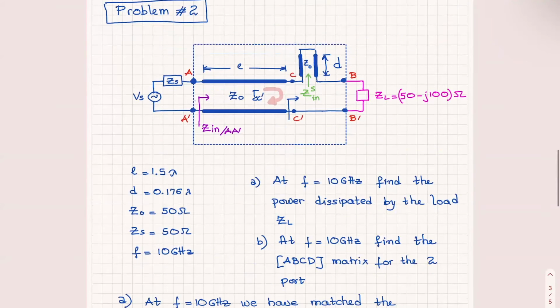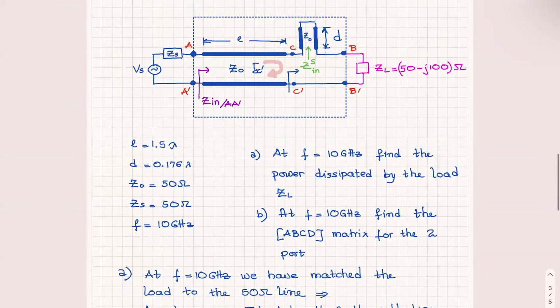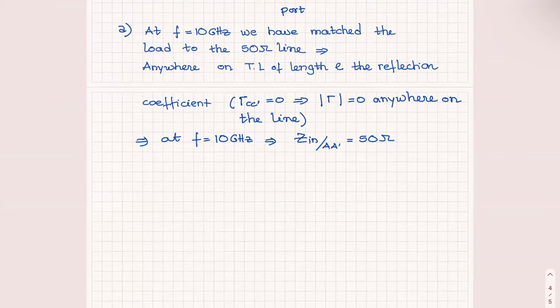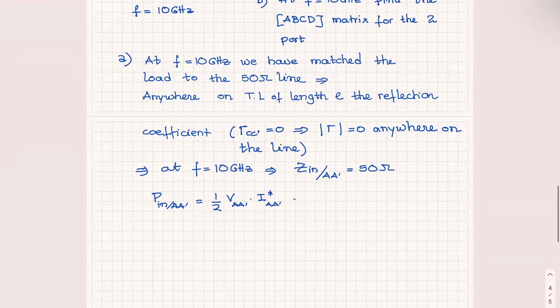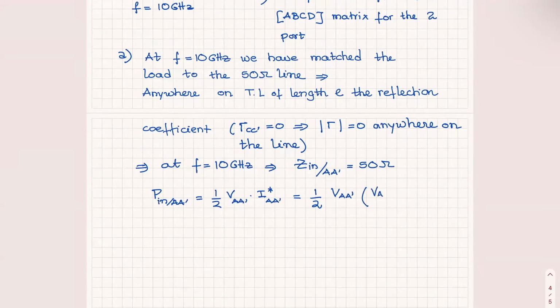Okay. If Z input is equal to 50 ohms, then we know that P input at A prime is going to be 1/2 the voltage at A prime times the complex conjugate of the current at A prime, or it's 1/2 V A prime, and instead of current we have V A prime divided by Z input, which is 50 ohms, all right?